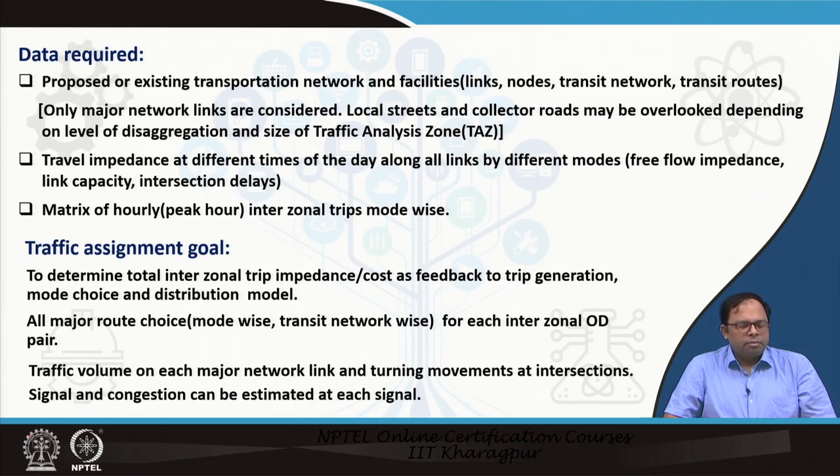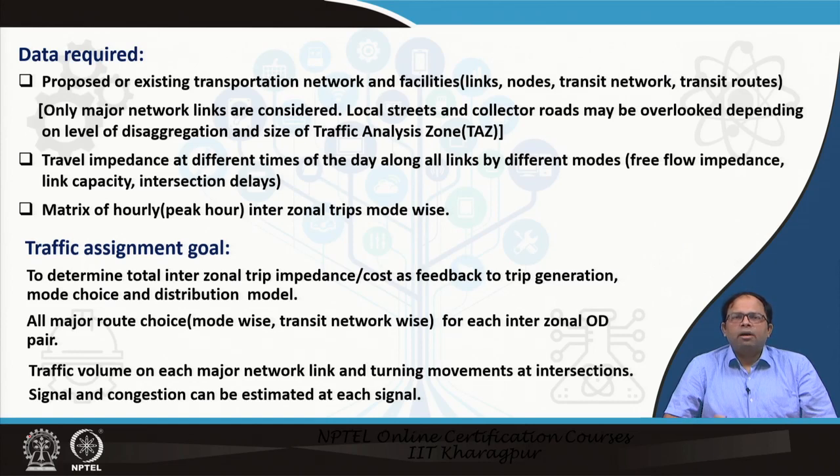Once we know the total zonal trip impedance, the next thing is that all major route choices, mode wise and transit network wise, for each interzonal OD pair also have to be understood. That means for each origin i to destination j, there could be some route choices, that is, certain ways people go, and this could also vary mode wise.